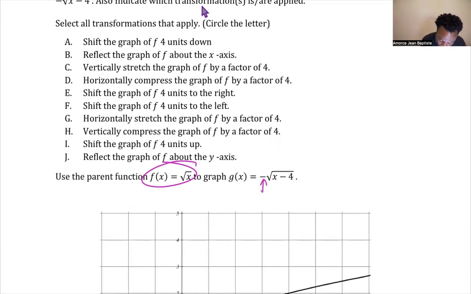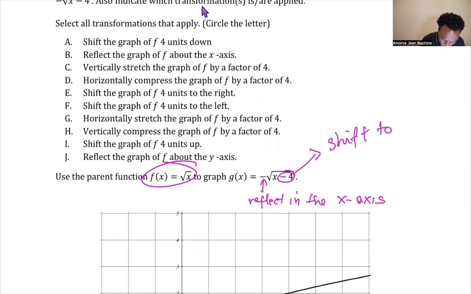There is that negative sign and then the minus 4, which I know is a shift to the right. So two transformations. This one is a reflection in the x, and then this is a shift to the right, 4 units to the right.